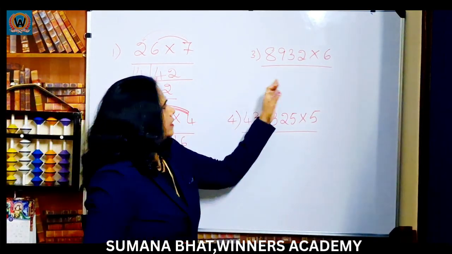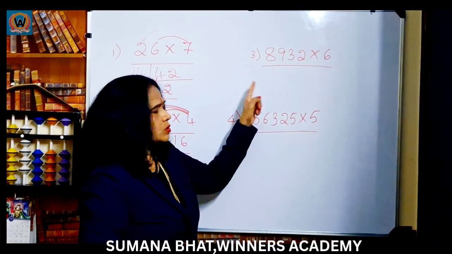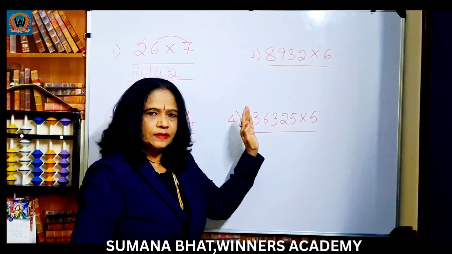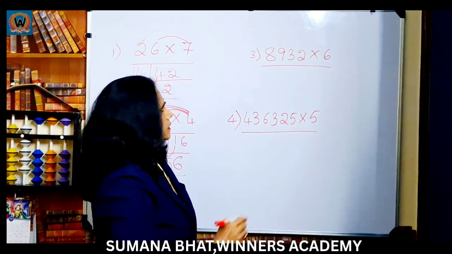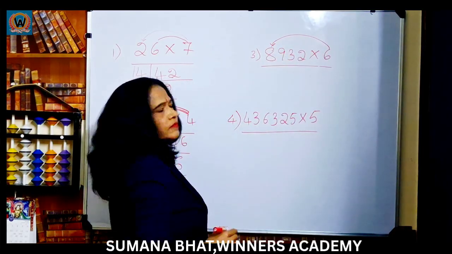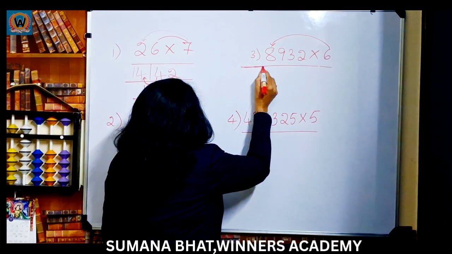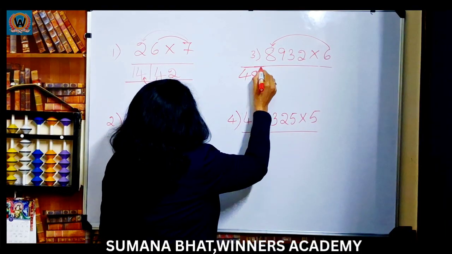Here you see, we wrote a 4-digit number, 4 digits into 1 digit. Here also we will do the same thing starting from the leftmost. See, multiply 6 into 8. 6 8s are, I will write from this side, 48. Draw a line.